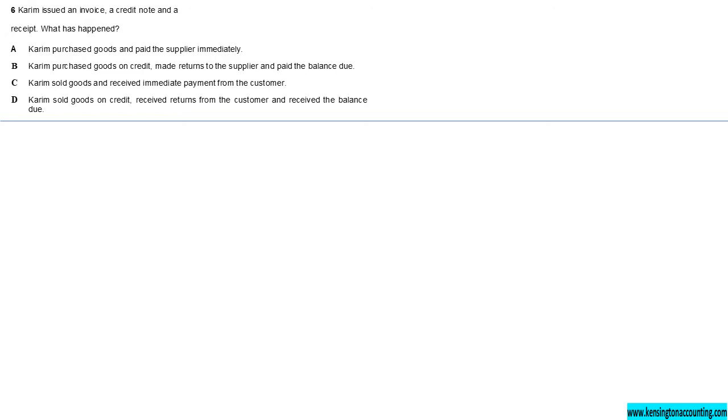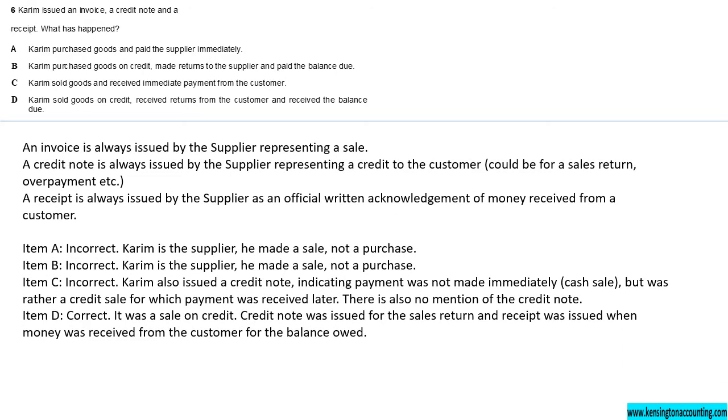Therefore, a supplier sells goods, not purchases goods. Therefore, answers A and B are wrong, because they refer to Karim purchasing goods. So Karim is not a purchaser. Karim is a seller. Now, very quickly, I have put some literature just to confirm what I have said before.